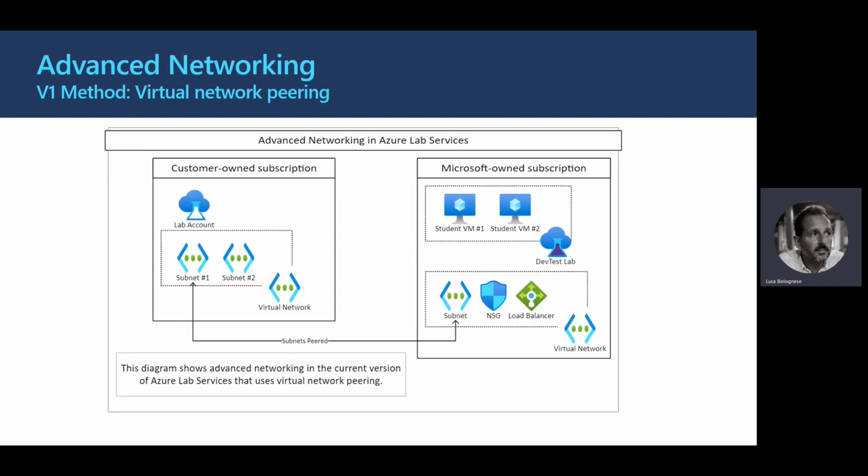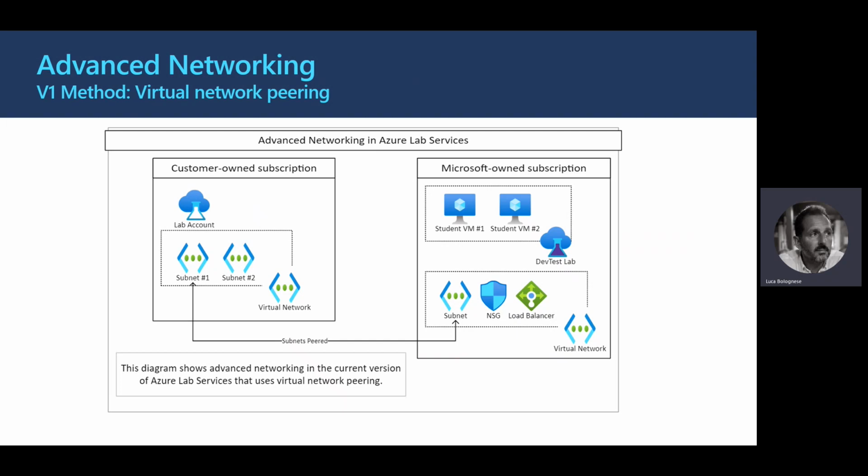The next one is advanced networking. So this is the V1 kind of picture of how things were. A lab and all the VMs in the lab are created in a subscription which is owned by Microsoft. And you can create a peering relationship between the subnet inside the Microsoft subscription and a subnet in your own subscription.